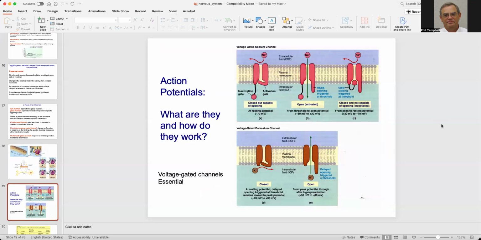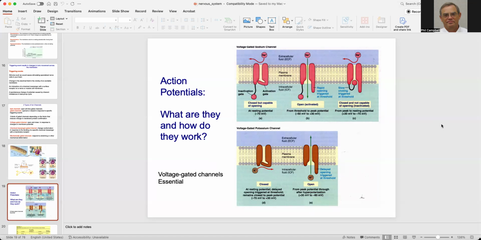Now, with this introduction, remember, I told you there were two types of electrical signaling. We have action potentials and graded potentials. Remember, graded potentials are short distance, action potentials are long distance. What I want to do now is focus on action potentials.